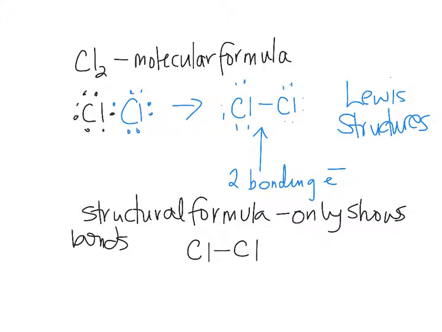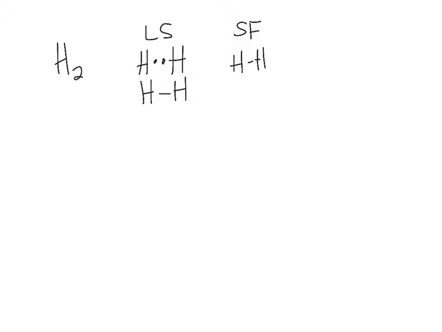So, the Lewis structure for H2 you could draw like that, or like that. Put 2 electrons between them, 2 dots, or 1 stick. The structural formula just shows the bonds and the atoms. And the name of this is just hydrogen. It's the element hydrogen.